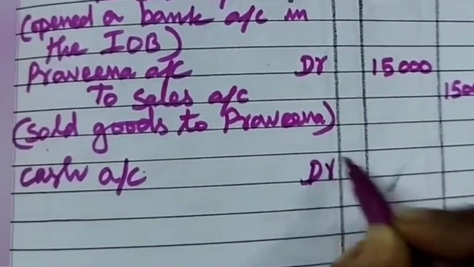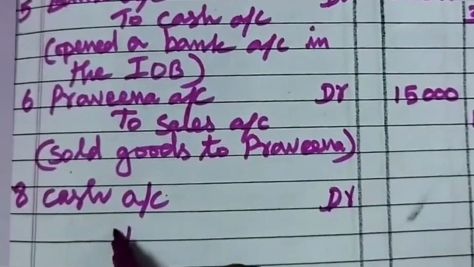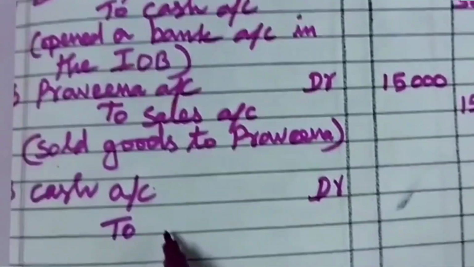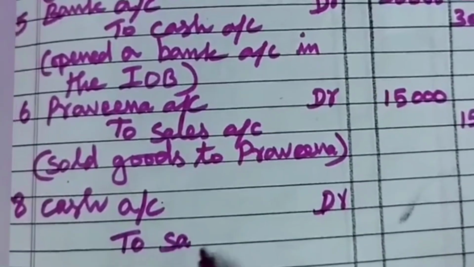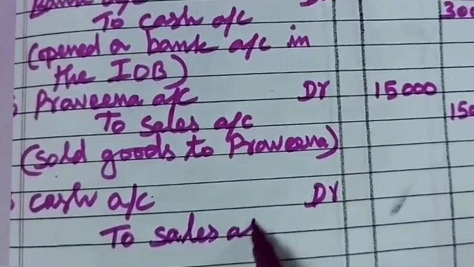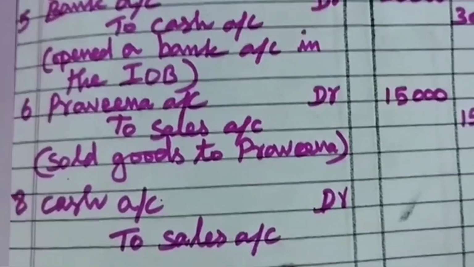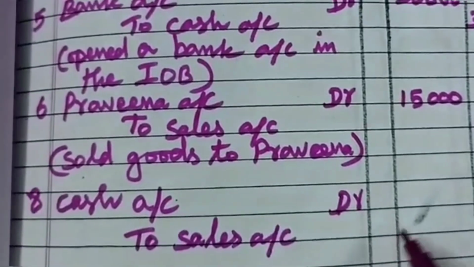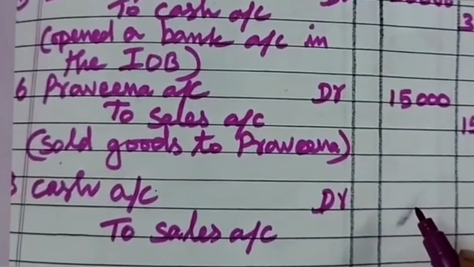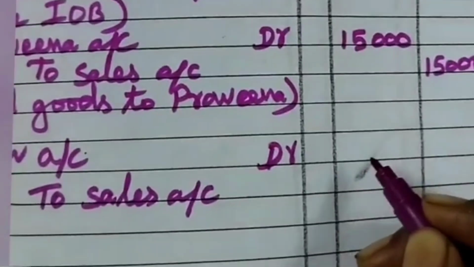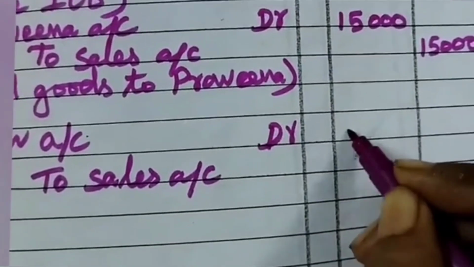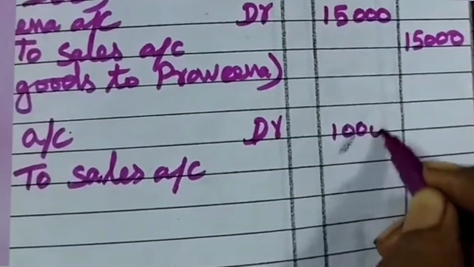So DR. Then to, sales account. Sales account means that is goods are going out. That's an asset. Asset is going out. So we are crediting sales. What is the amount? 1,000 only. So we have to write 1,000 under the debit column as well as under the credit column.